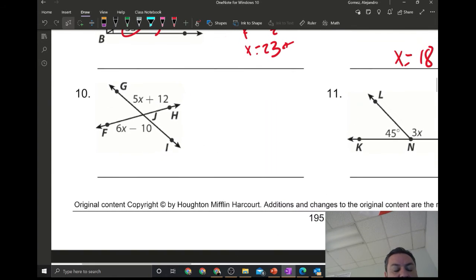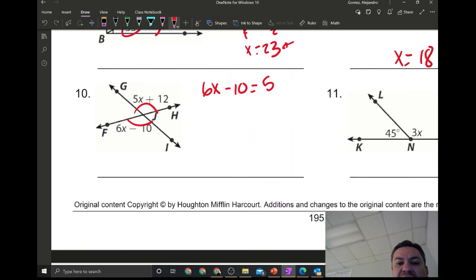Number 10. These are vertical angles. So all you have to do is set them equal to each other because they're the same. 6x minus 10 equals 5x plus 12. You have to combine like terms, so you have to move things around.